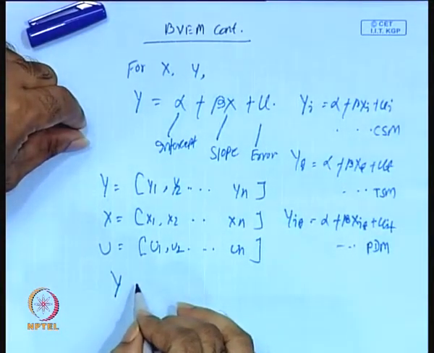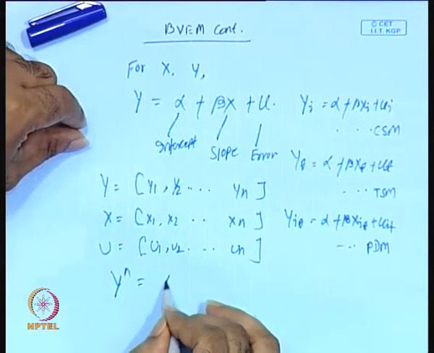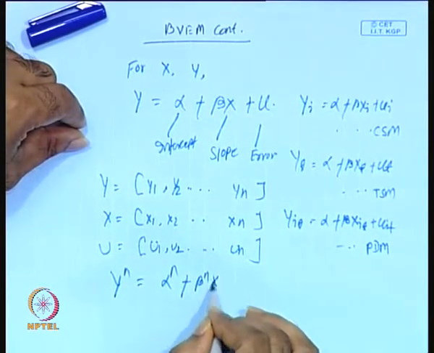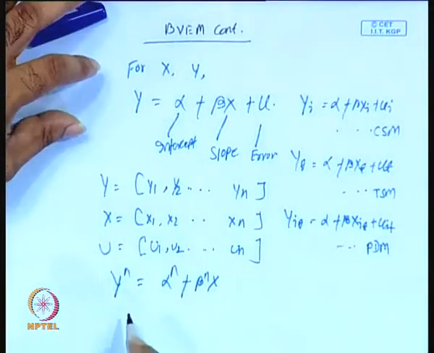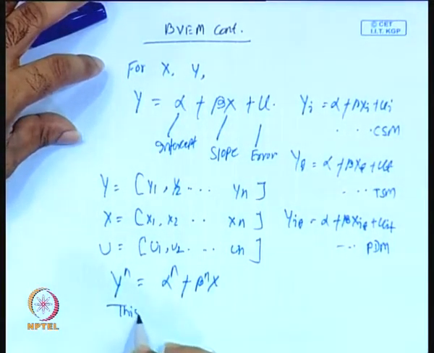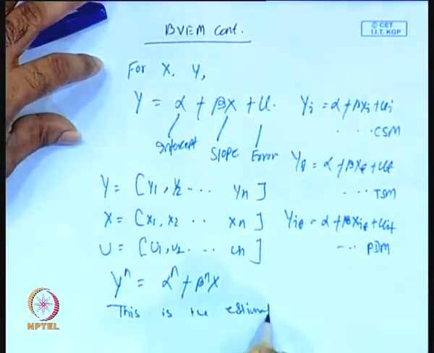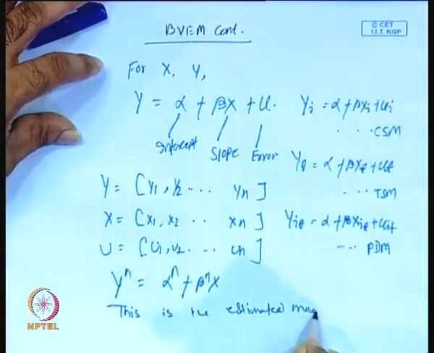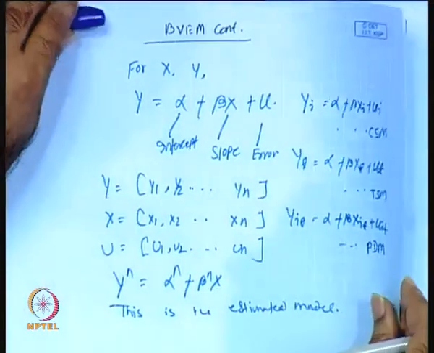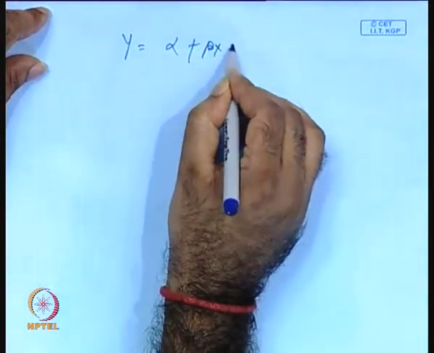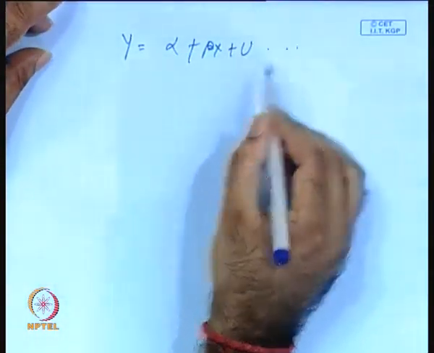Now we assume that there will be an estimated model, y hat equal to alpha hat plus beta hat x. Let us assume that this is the estimated model. Put in another way, our starting point is y equal to alpha plus beta x plus u, which is the regression line.